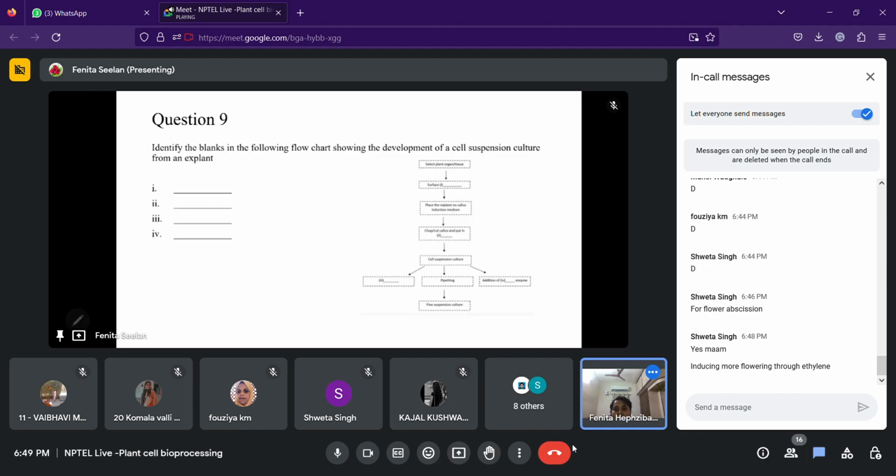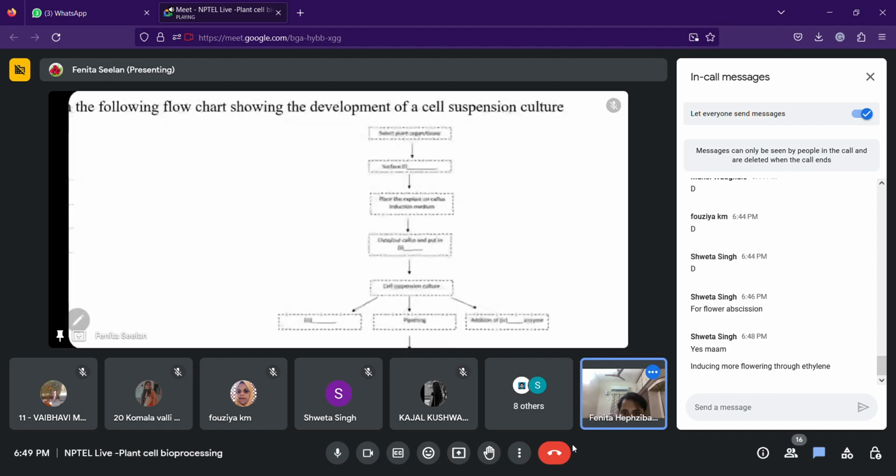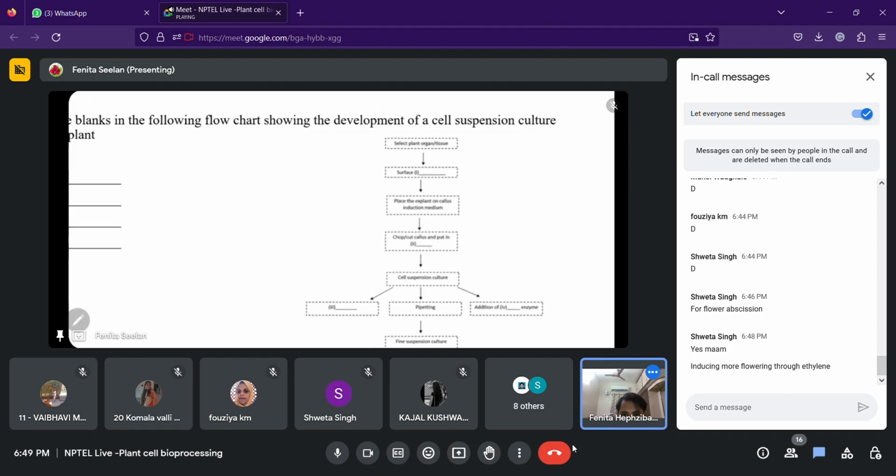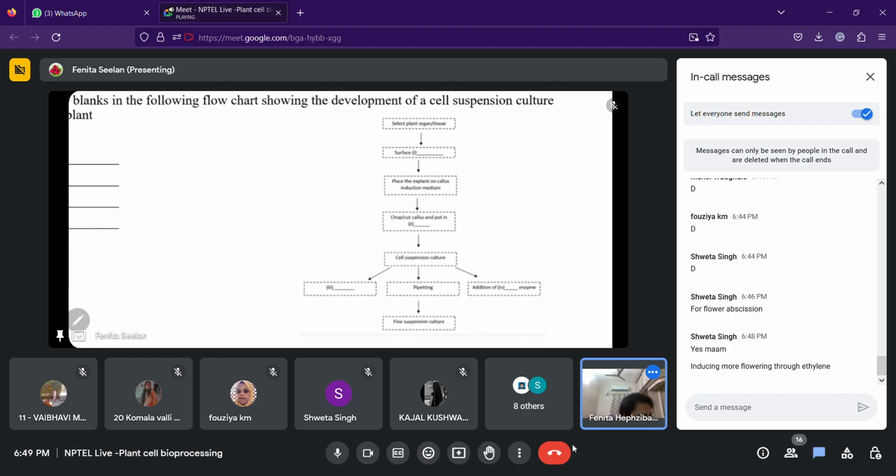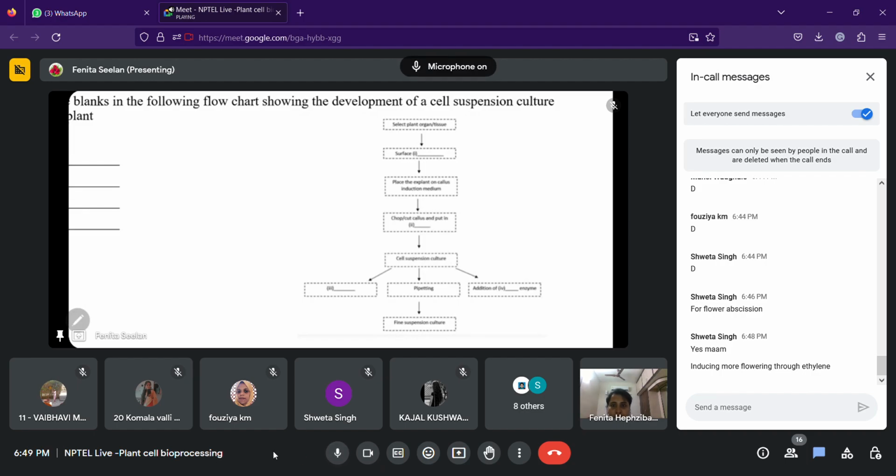so the next question is, it's not visible. Okay, I'm going to zoom this out so you can see. It's not so clear. So okay, this is a flow chart which shows the development of up to a suspension cell culture.